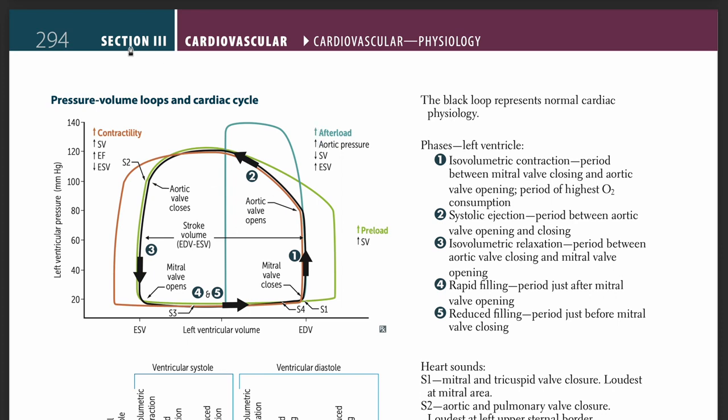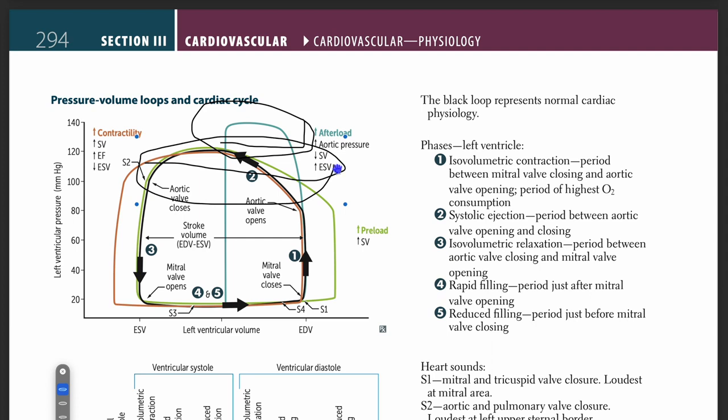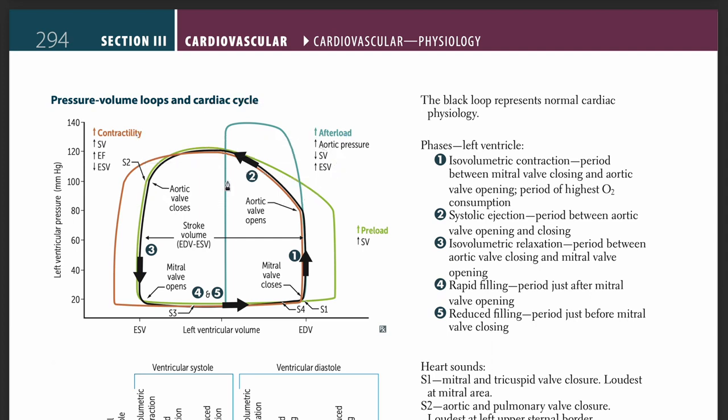let's see, afterload. So the top part would be the afterload, right? So if you have extension of the top part, that's this part. That means the afterload is increased. Okay. So that's this part right here. That's the afterload. So if you see it go like the blue line, that means there is increase in afterload. So there will be increase in aortic pressure, right?